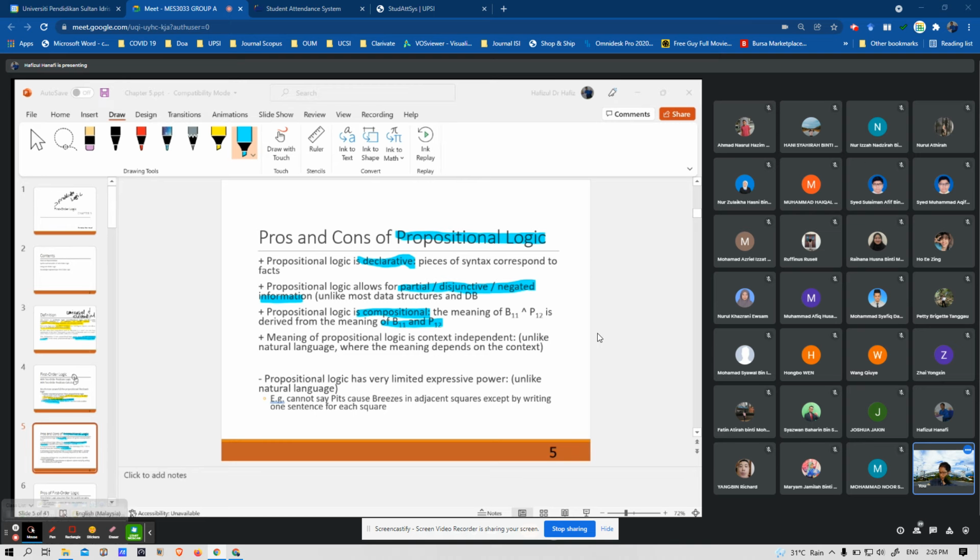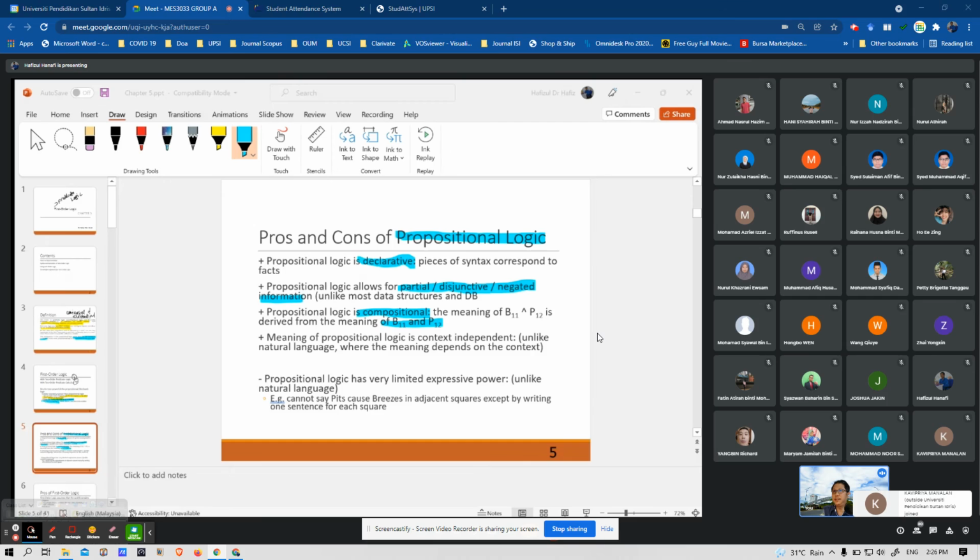Okay, you need to compound the statement. You need to relate the various elements. Here, it means you need to compound the two propositional logic statements.